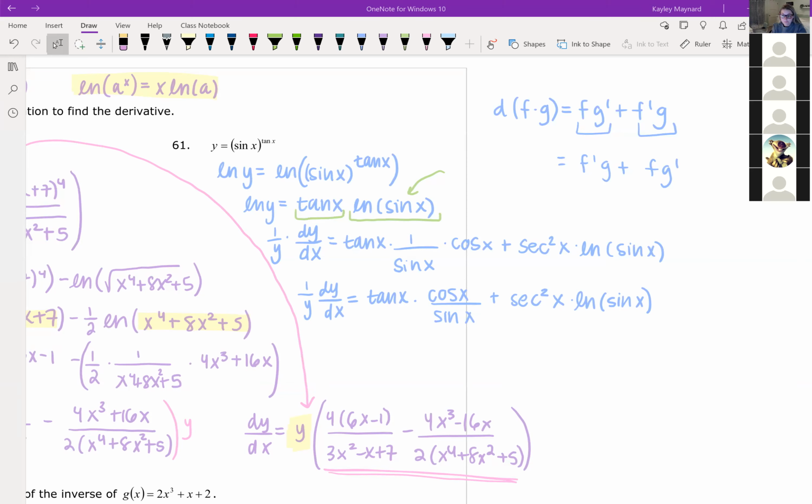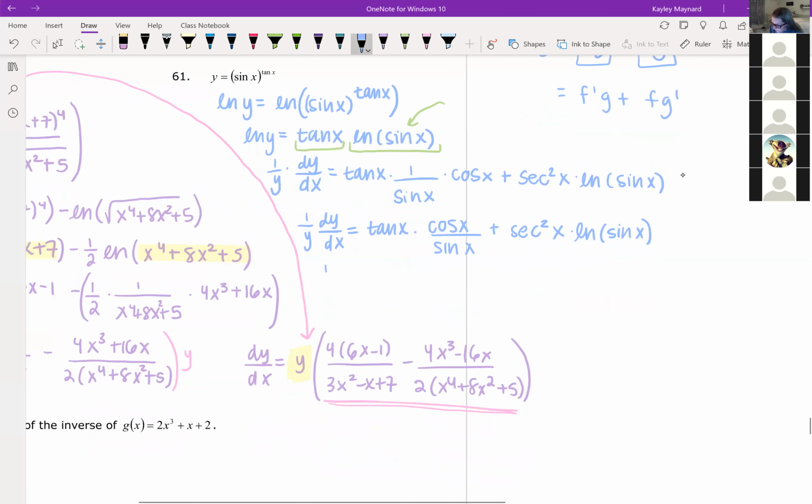We could simplify the cosine x over the sine x into cotangent of x. And then what else could we do? If anyone has any ideas. Oh, I think there's a chat. Someone sent the link to the Jamboard. Yeah, good.